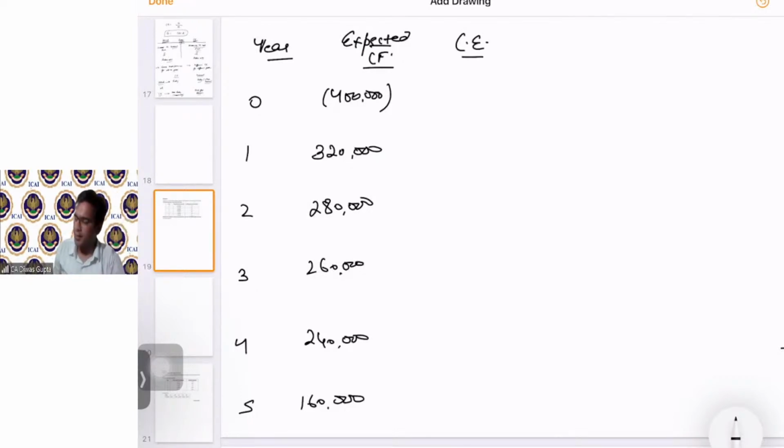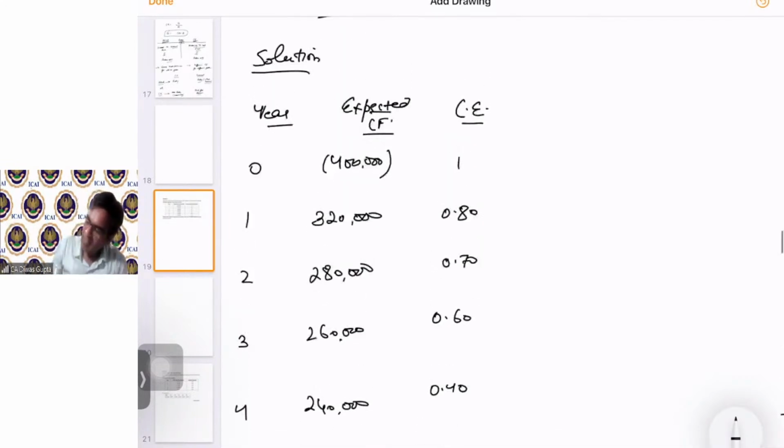Certainty equivalent coefficients will be 1, 0.80, 0.70, 0.60.